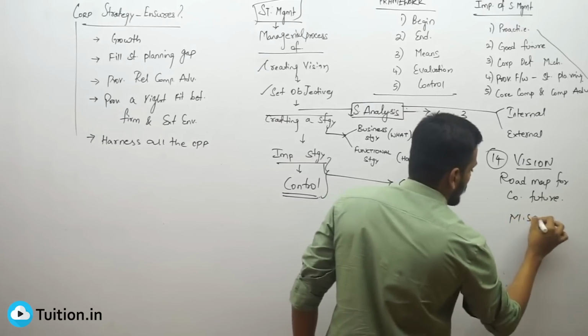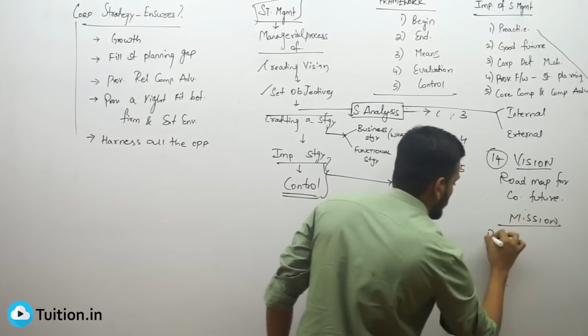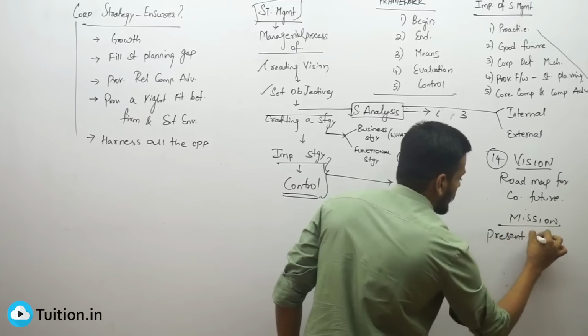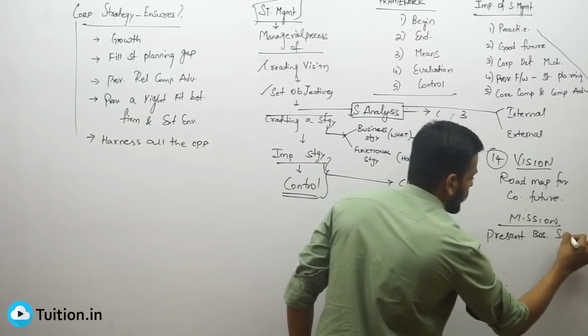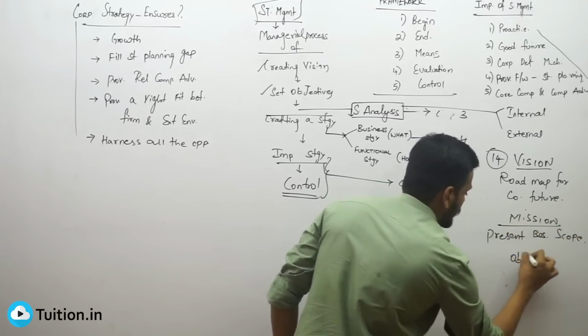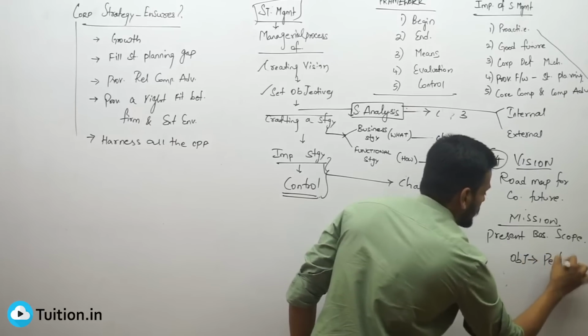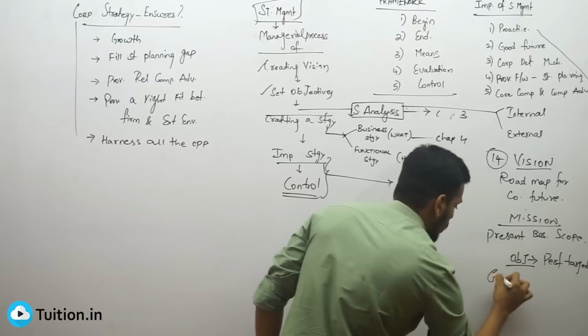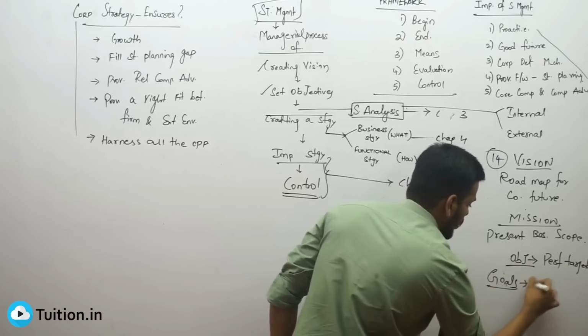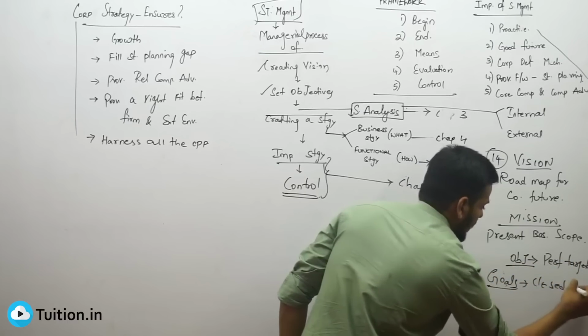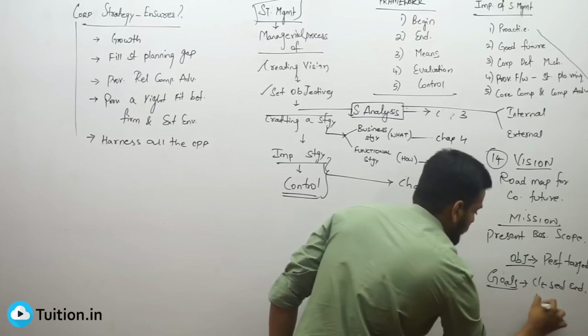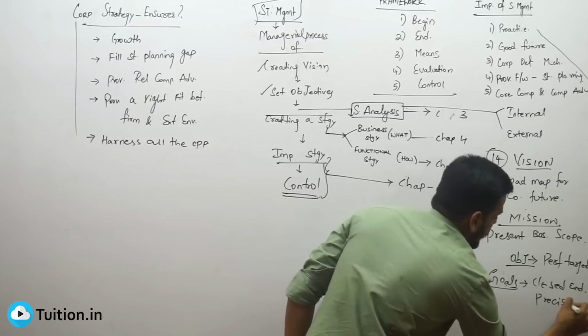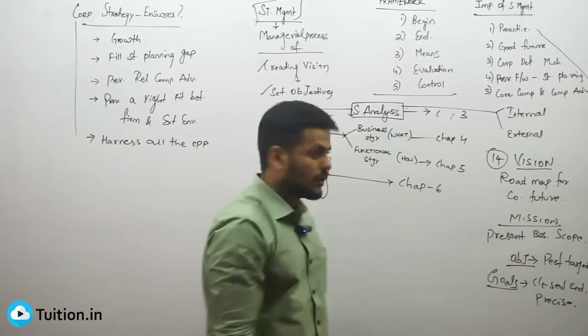Mission is about present business scope, while objectives are performance targets which are changeable, and goals are closed ended and precise in nature, meaning fixed. Objectives you can change guys, goals you can't change.